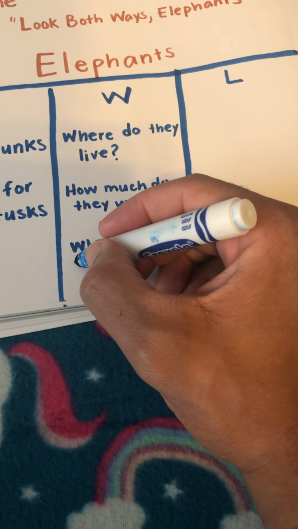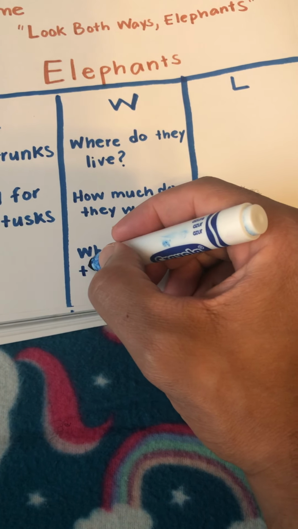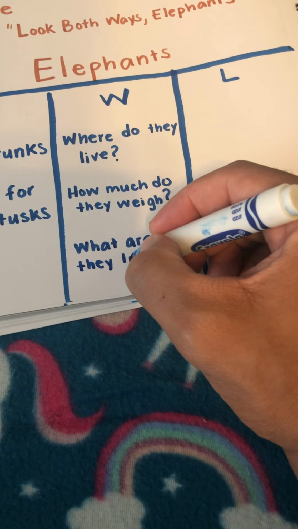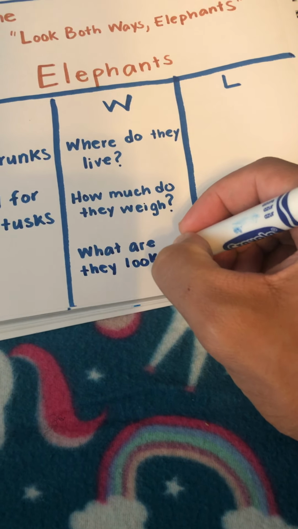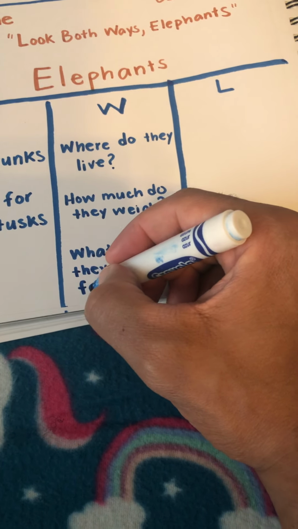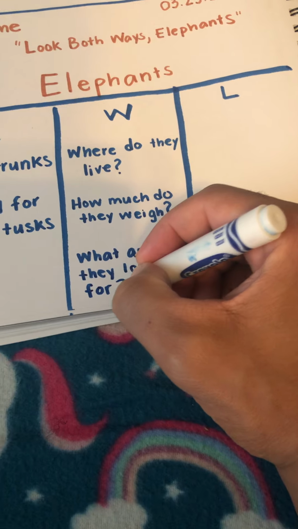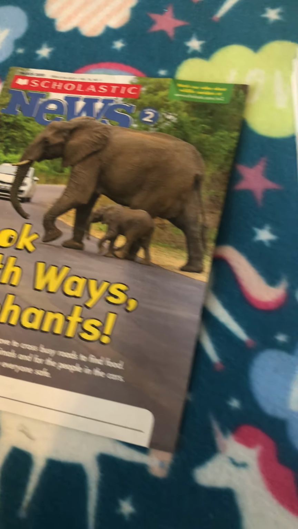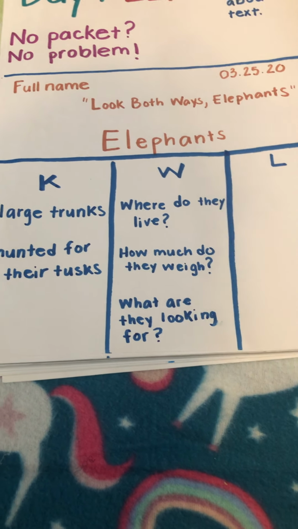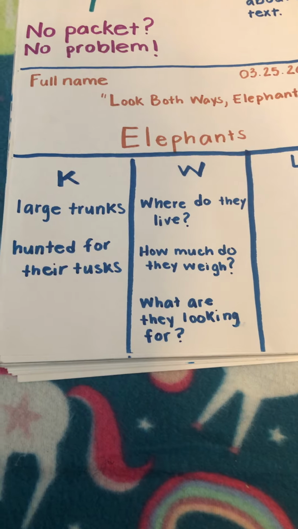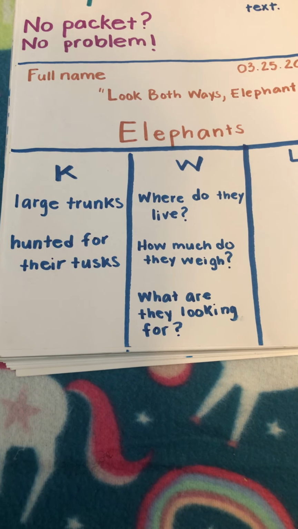What are they looking for? So now that I have some questions created, I'm going to be much more focused when I'm reading through my article, because now I'm not just reading words, but I'm reading with a purpose. I'm reading as if I'm a detective searching for clues, searching for treasure.